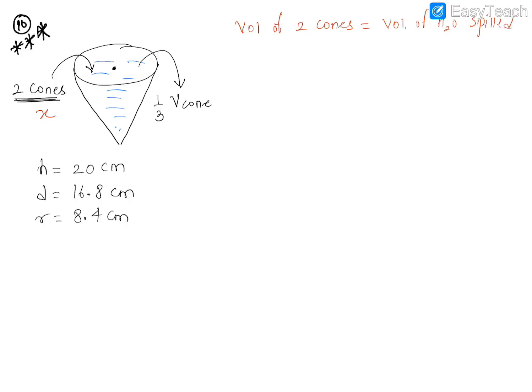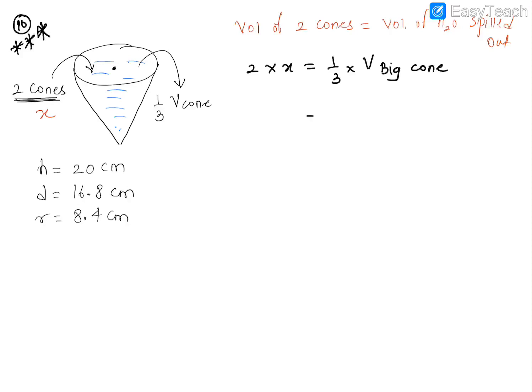Correct? Now what will be the volume of the 2 cones? So we can say 2 into X. So volume of each cone is X. What's the volume of water spilled out? 1/3 of the volume of the big cone.